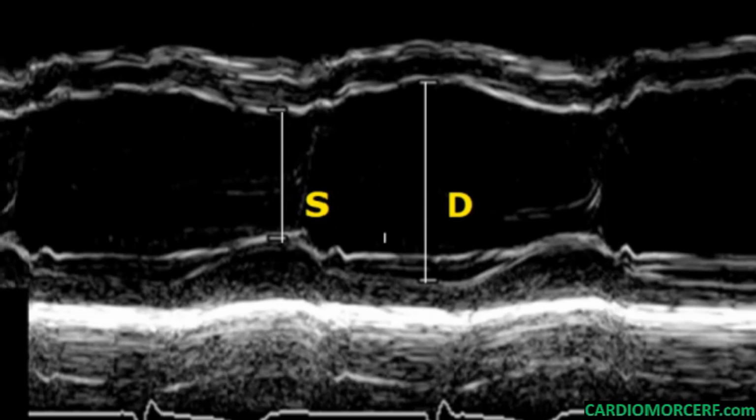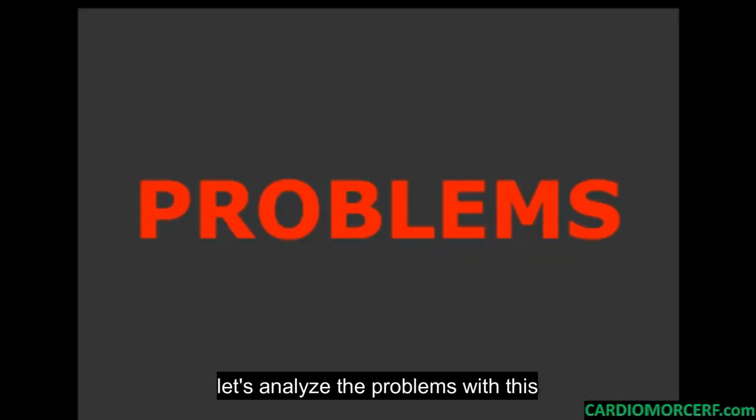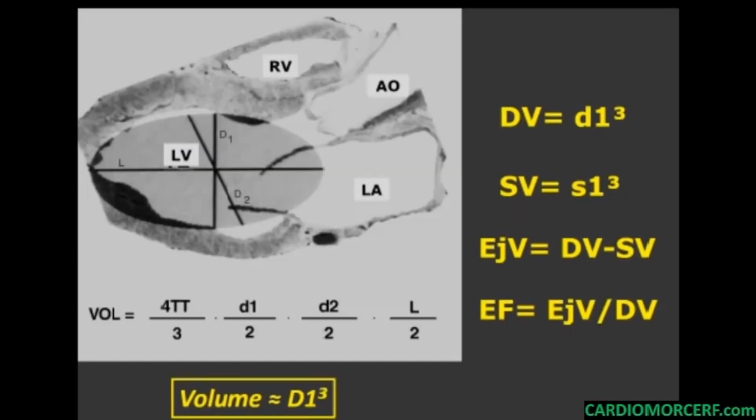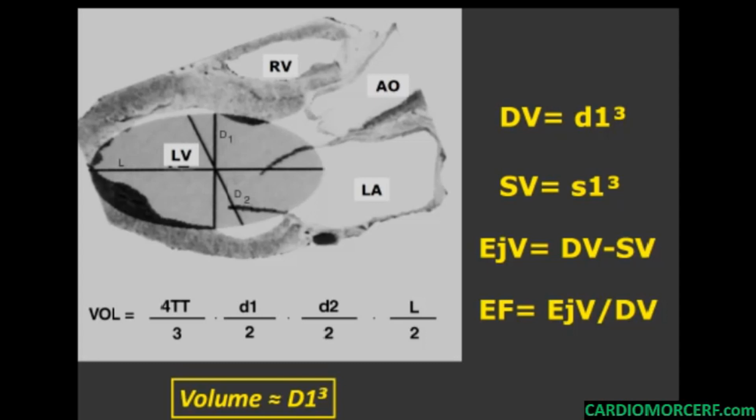Now, let's analyze the problems with this method. There are many. Do you think it is acceptable that the left ventricle is shaped like a revolution ellipsoid?